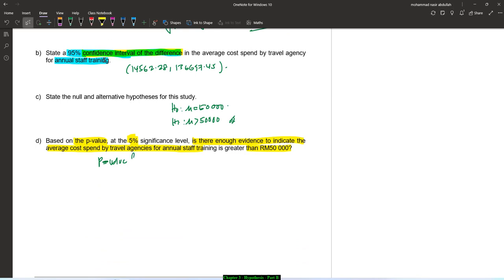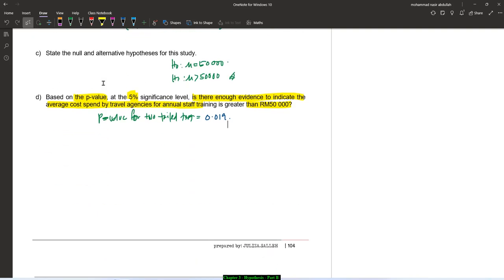So the p-value for two tail test is 0.019, right? Saya tulis betul-betul lah. This is 0.019. Betul? Okay.